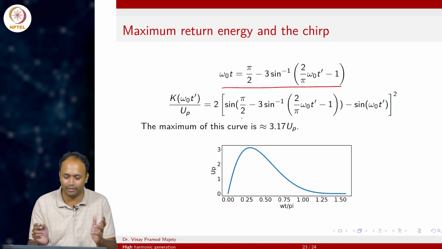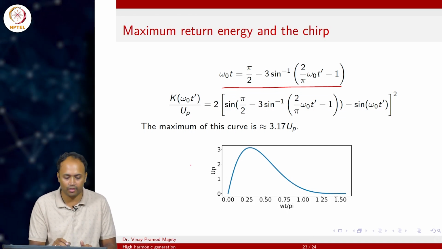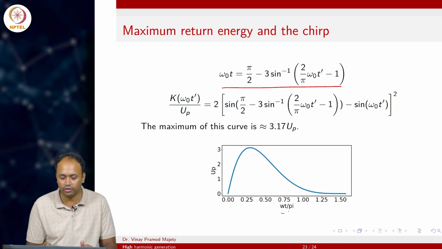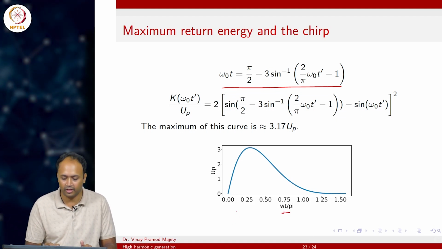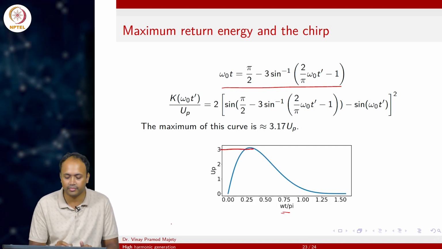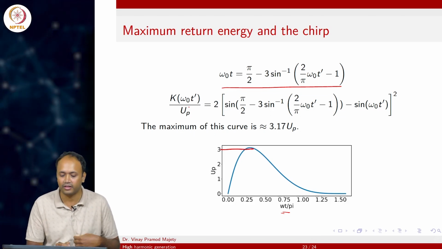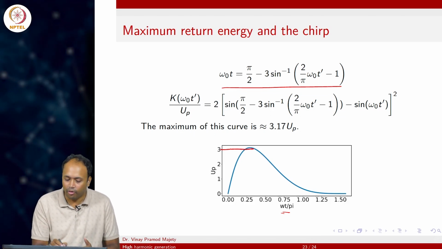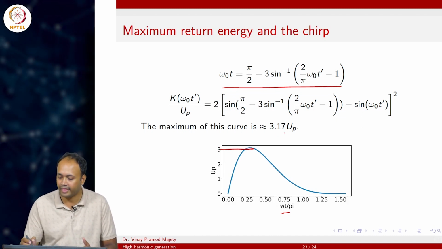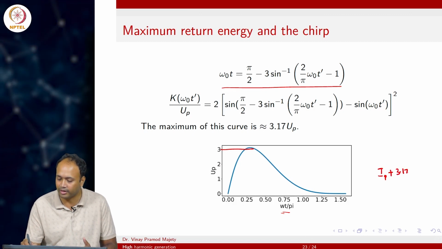So that looks a little bit complicated with all those trigonometric functions, but if you plot the kinetic energy with respect to this factor Up as a function of the ionization time, you see that it follows this pattern, and you see that there is a certain maximum associated with the kinetic energy that can be released, right? If you look at the numerical value, it turns out that it is 3.17, and then the photon energy would be ionization potential plus 3.17 Up.